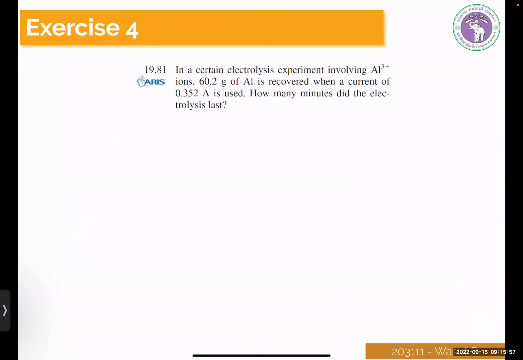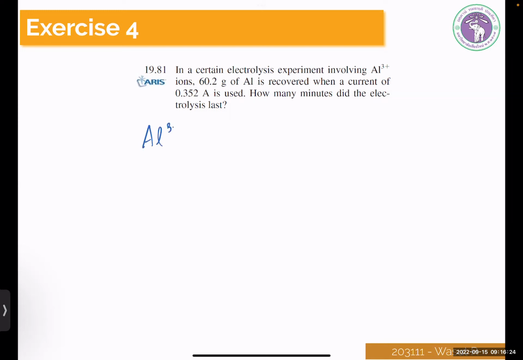So let's take a look at an example here. In a certain electrolysis experiment involving aluminum 3+ ions, 60.2 grams of aluminum is recovered when a current of 0.352 amperes is used. How long did the electrolysis last? How do I calculate this?